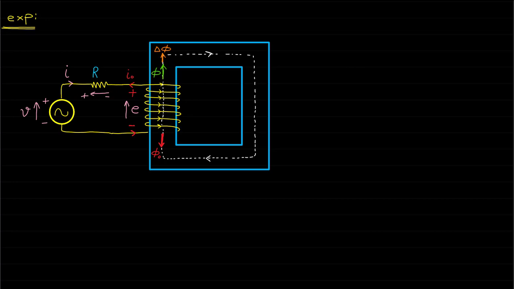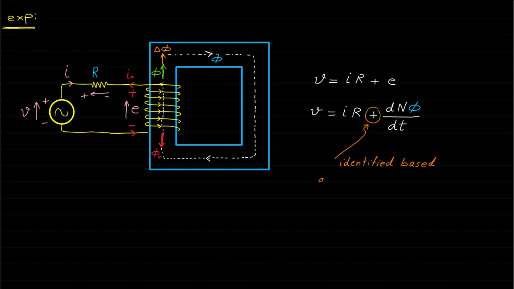V equals IR plus E, and this will be equal to IR plus N d phi by dt. Note that the positive sign is identified based on the polarity or the direction of the induced voltage.